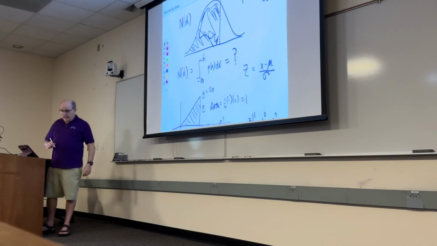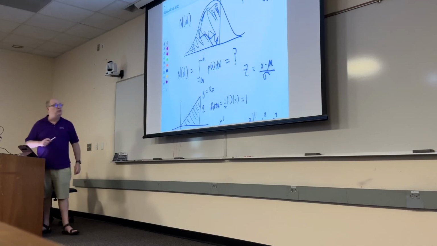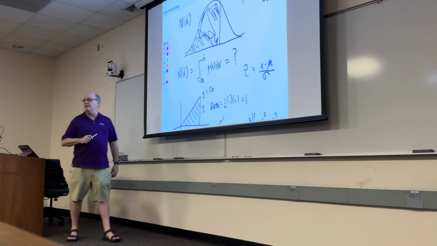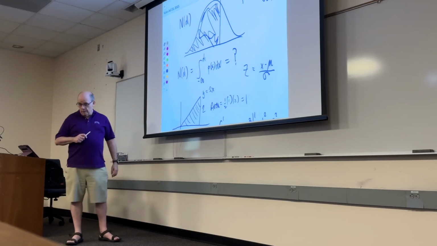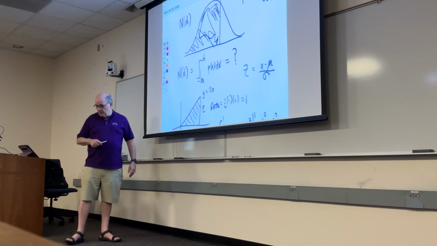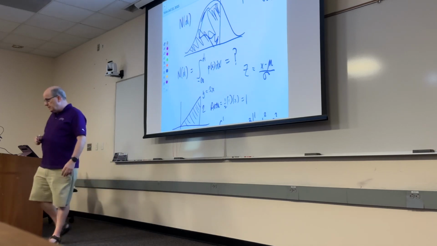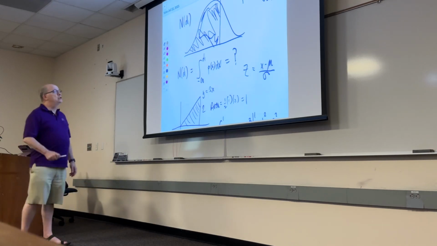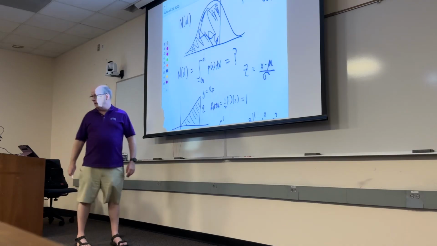There's no algebra or calculus that you can do that will give you exactly the value of N(d1). But there are techniques that enable mathematicians and computer scientists, or scientists in general, to approximate the integral.